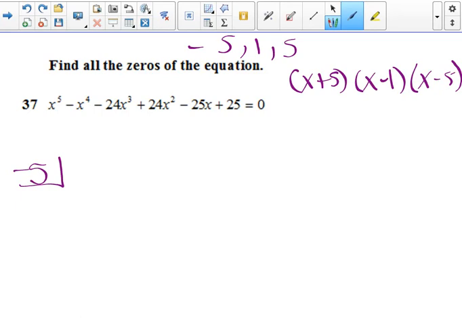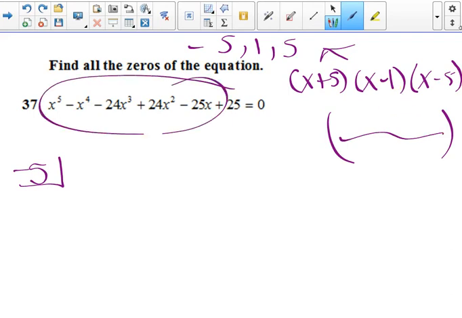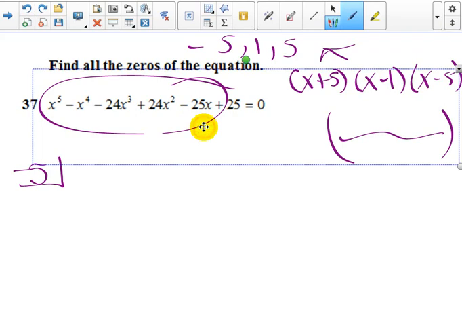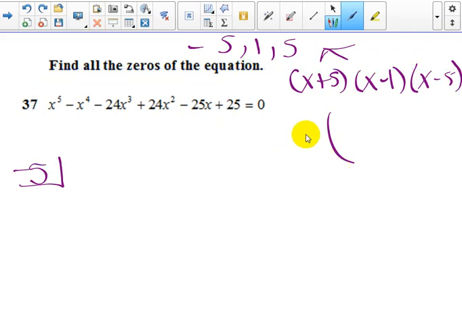Okay, that's where these came from. And we're trying to find, well, what's the leftovers to multiply all this together and get this equation? Okay, so there's 2 more zeros that we have. And why do we know this? Because we got 3 of them, and this is a 5th term. So we've got 2 more to find. So we're going to divide all 3 of these out. I'm going to pause and come back.